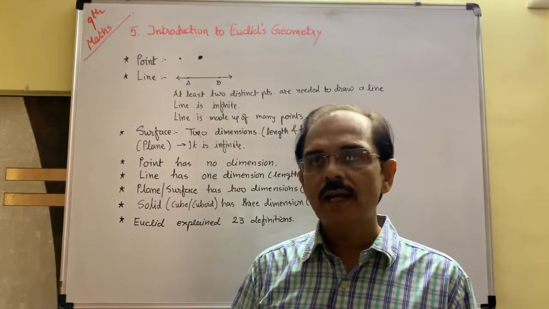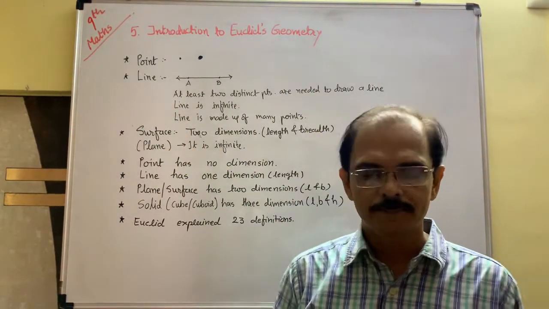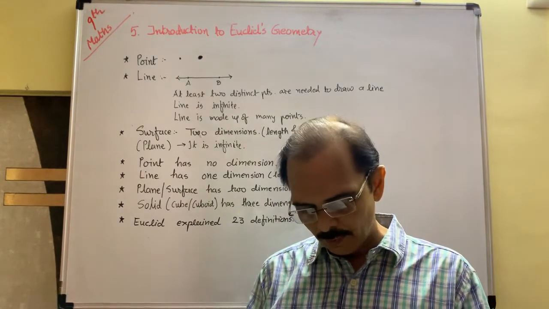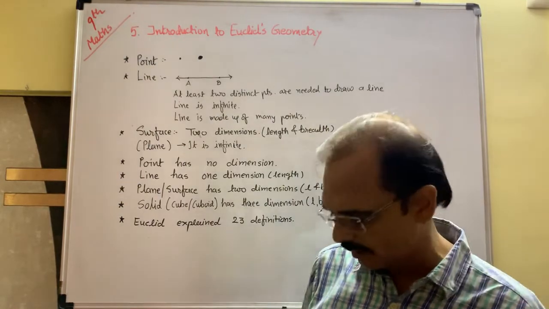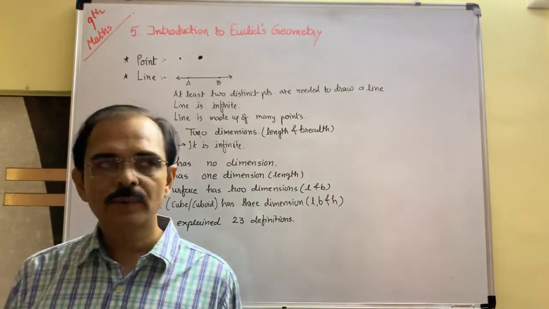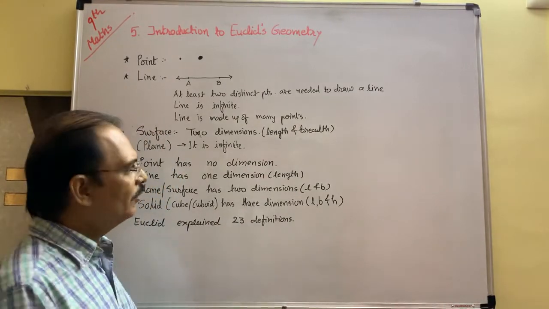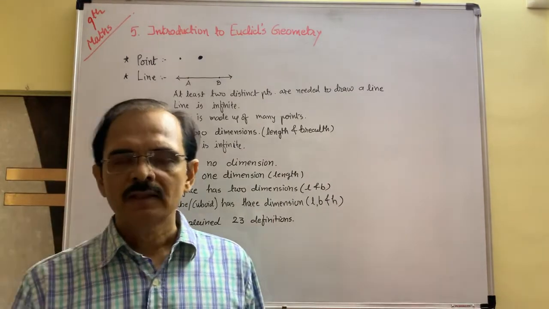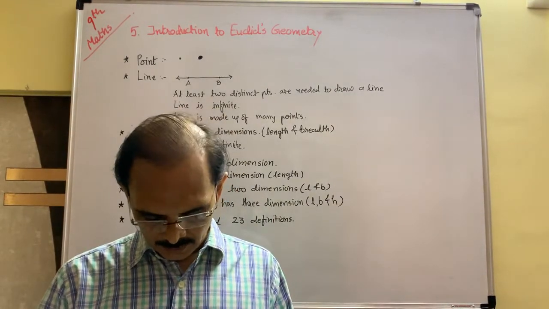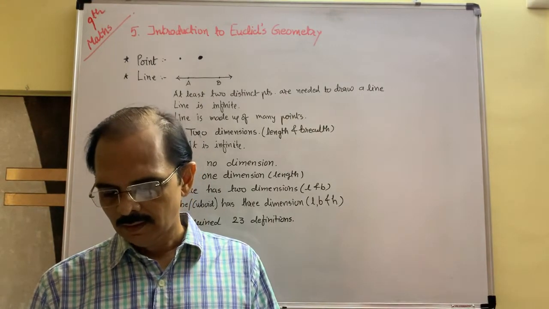Edges of a surface are lines. Suppose the board is the surface, then its edges are called lines. And a plane surface is a surface which lies evenly with the straight lines on itself. Evenly means uniformly on these lines. Okay? 7 definitions are there. So don't worry, you do not have to learn it. You have to only understand.